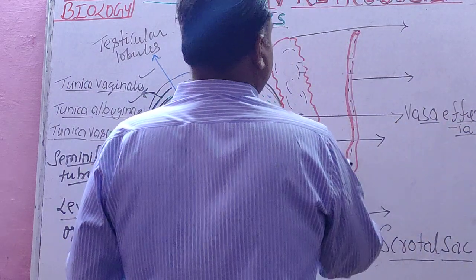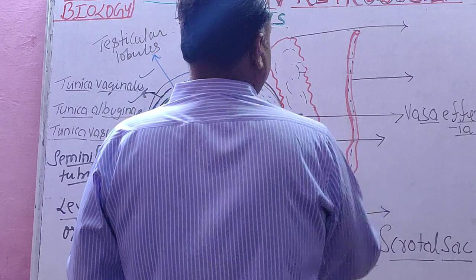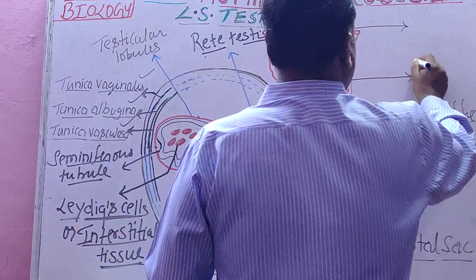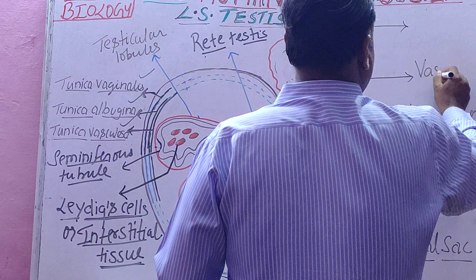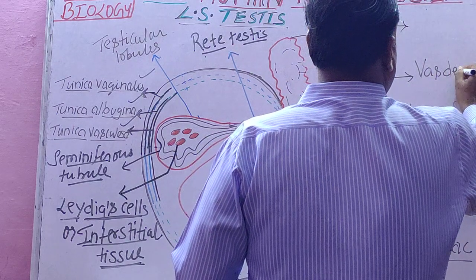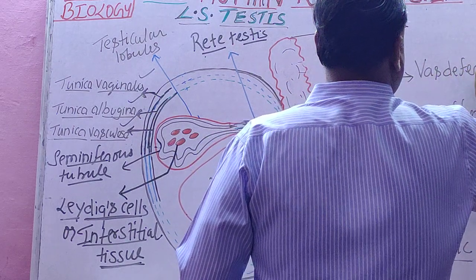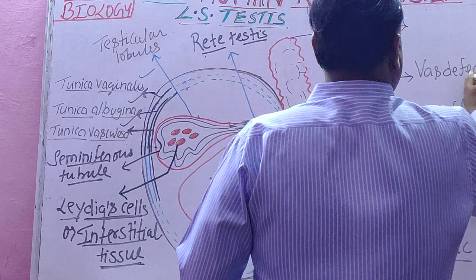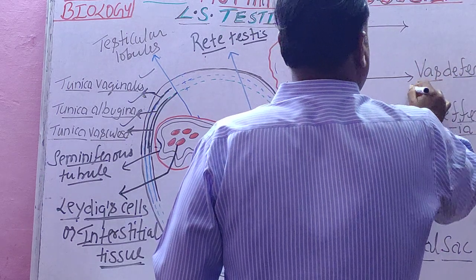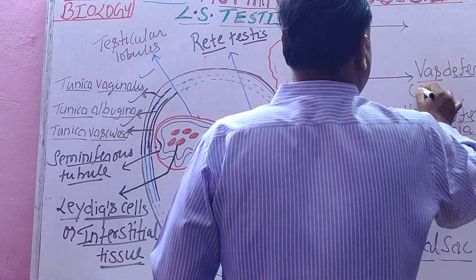And then student, this vasa efferentia opens in vas deferens indirectly. We call it sperm duct.